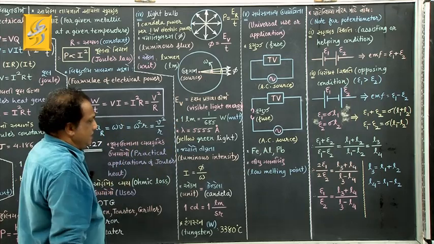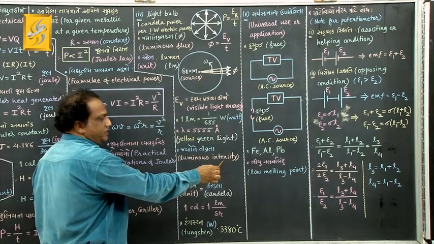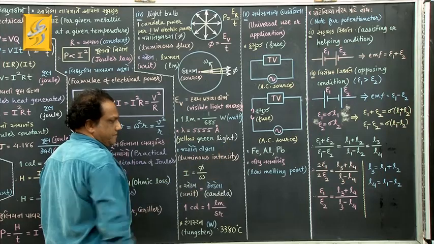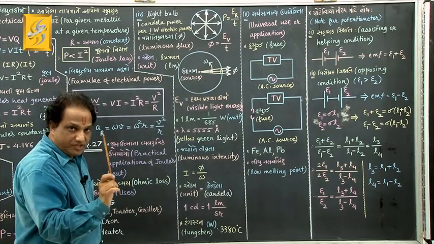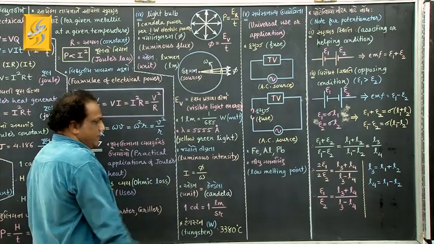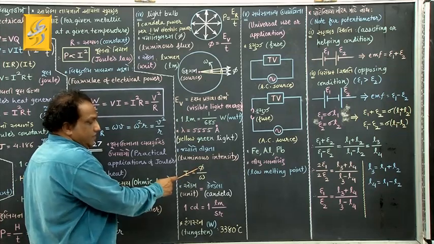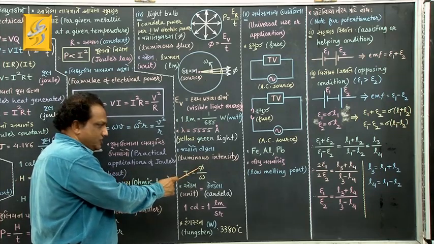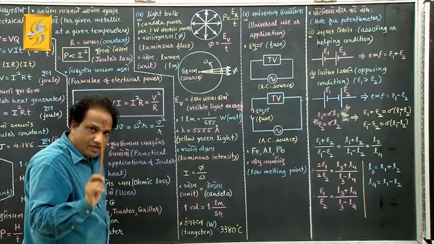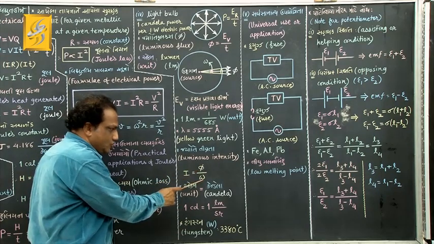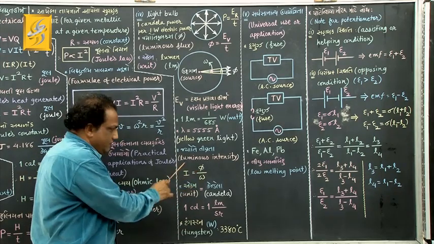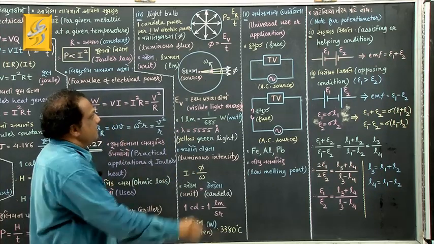Correct? Now, let us go for luminous intensity. Luminous intensity is shown by symbol capital I. It is the ratio of luminous flux to solid angle. Ratio of luminous flux to solid angle. Now, how is it to be defined? I am showing you.